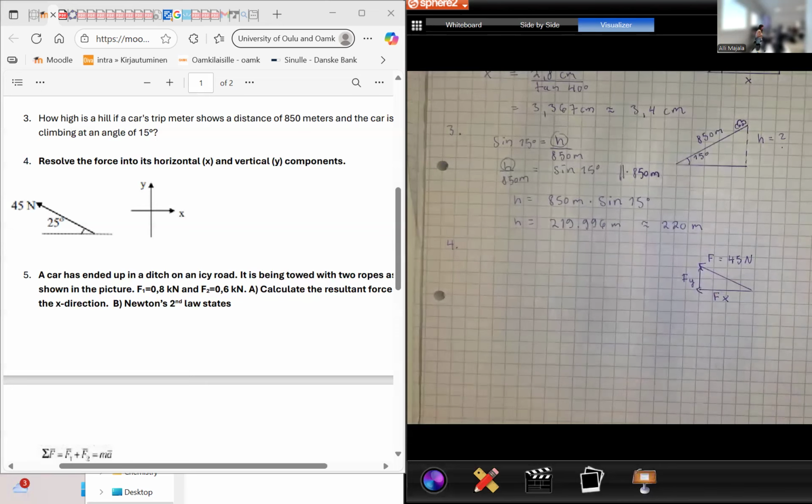Are you using vectors in physics? Vectors at some course you will be using, but we won't maybe be doing the vector operations on this course now. So it's just the length of the vectors that combine in the x and y direction that make the length of the vector that is in some weird direction.